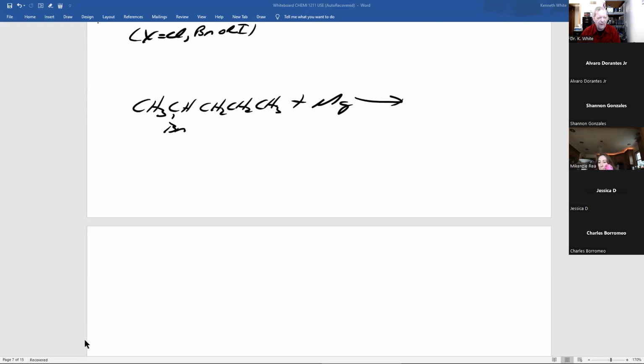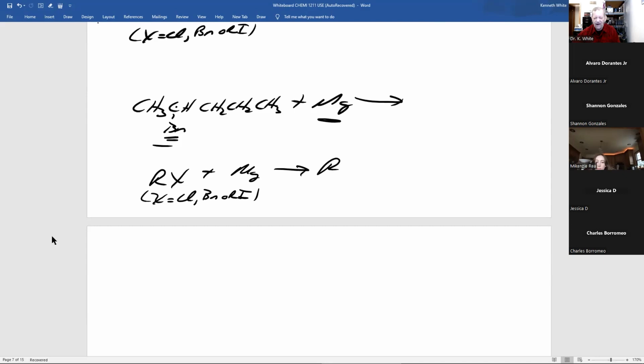All right, looks like everybody's done. So let's take a look at what organic product you make when you react this with magnesium metal. You look for what's different, what's not carbon, what's not hydrogen. Ooh, halogen on a carbon, alkyl halide. X can be chlorine, in our case bromine, or iodine. Ooh, magnesium metal.